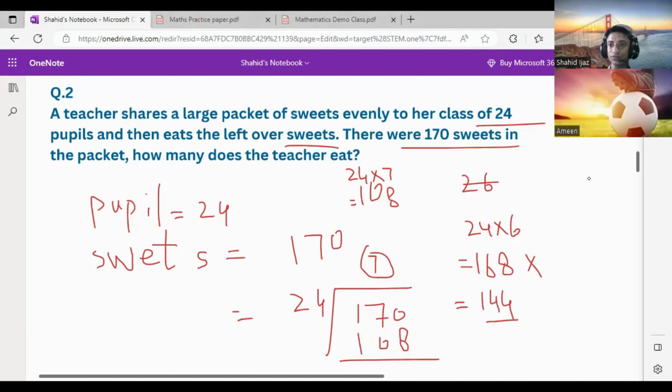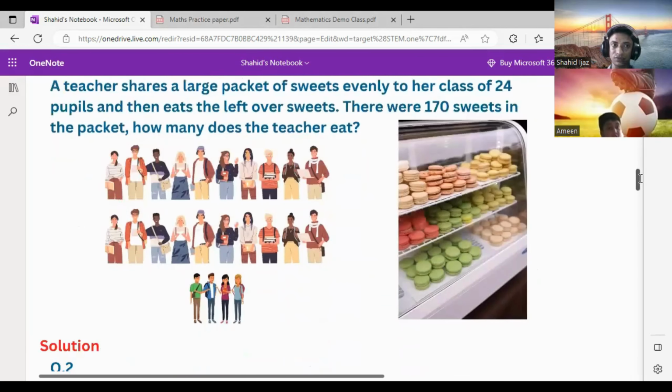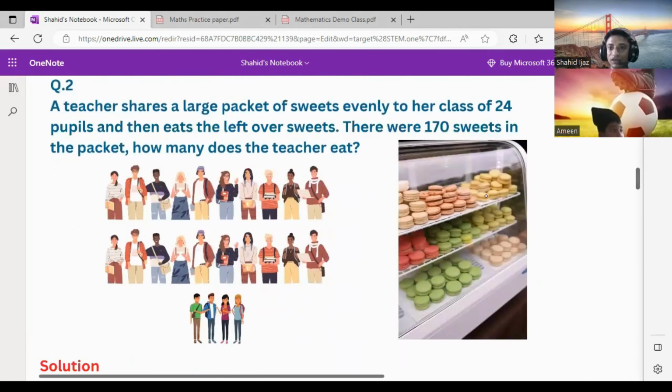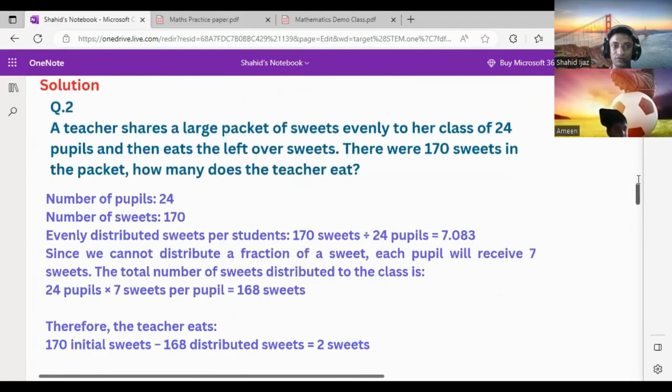Sorry. I think I'm just confusing myself right now. Okay, these are the sweets, 170 sweets. He has 170 sweets, and there are 24 students. I solved this question here. 2 sweets.